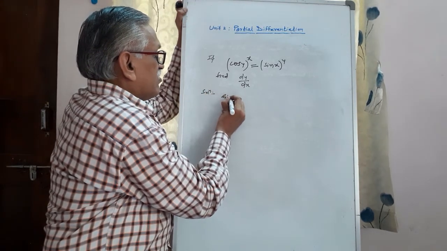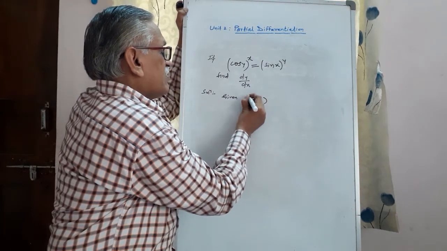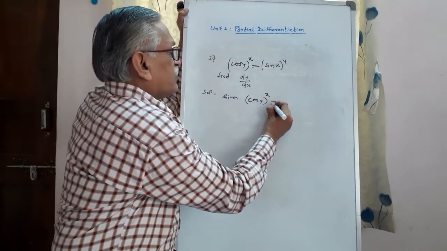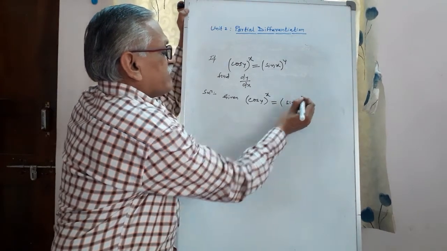Given cos y raised to x is equals to sin x raised to y.